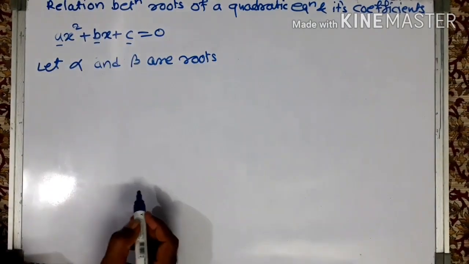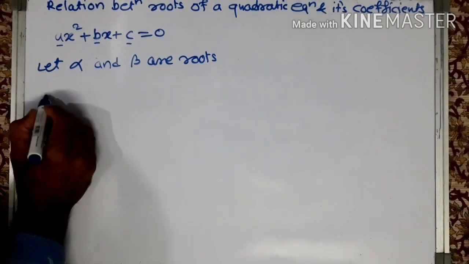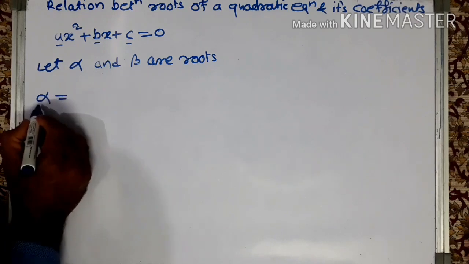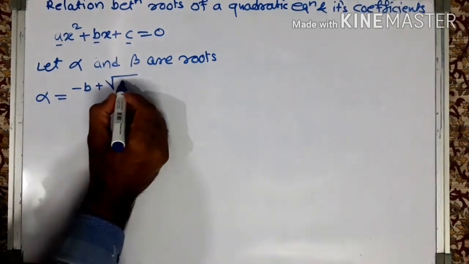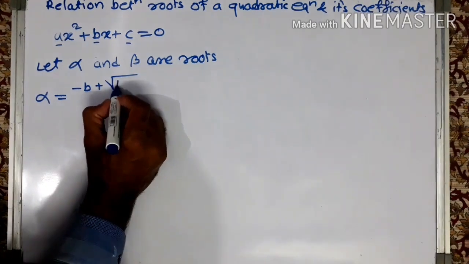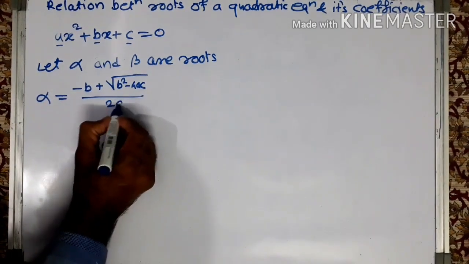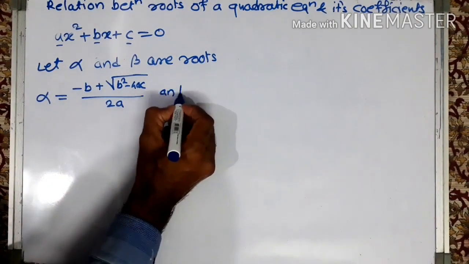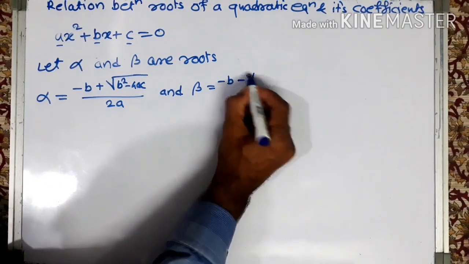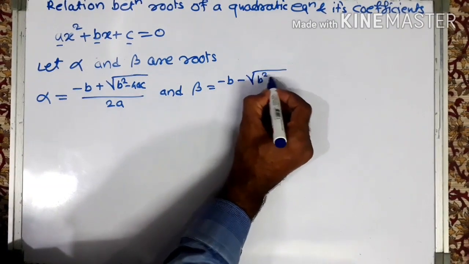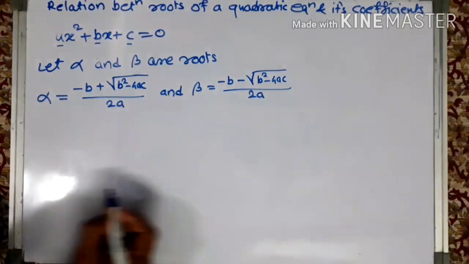of that quadratic equation. By using the formula method we can write the roots as alpha equals minus b plus root b square minus 4ac upon 2a, and beta equals minus b minus root b square minus 4ac upon 2a.